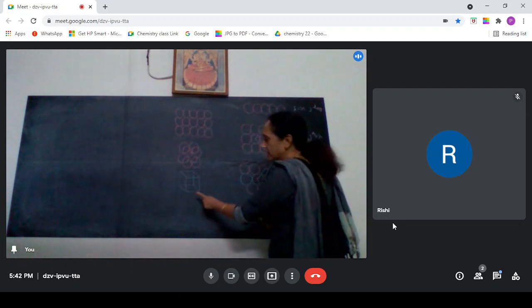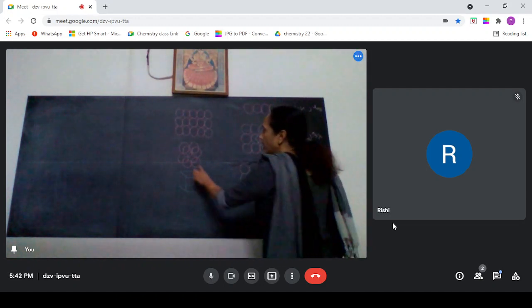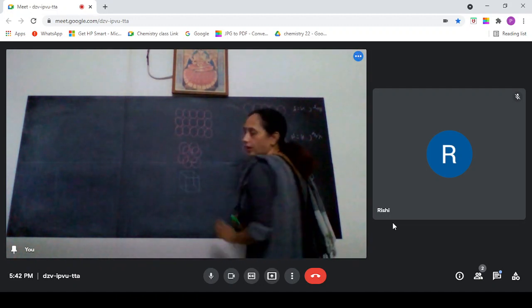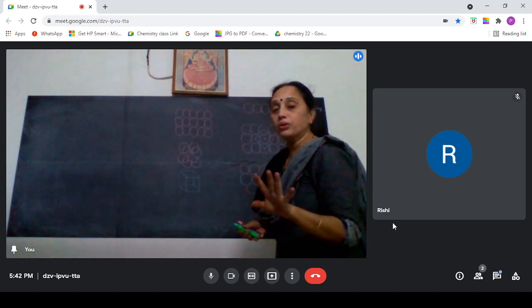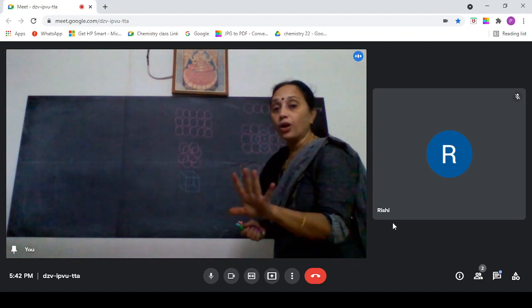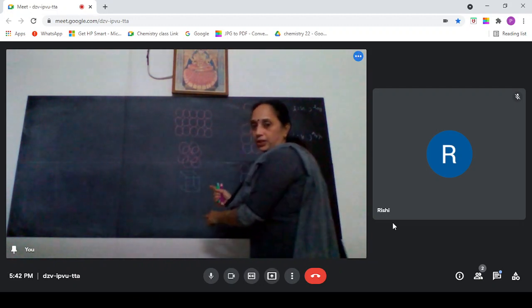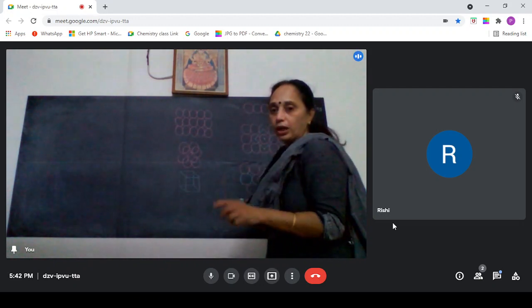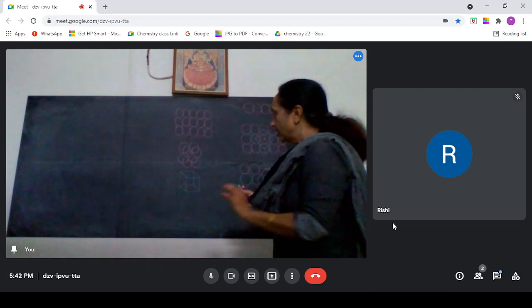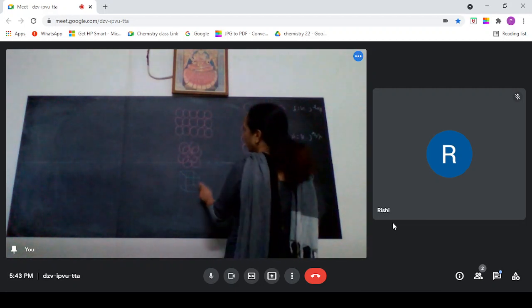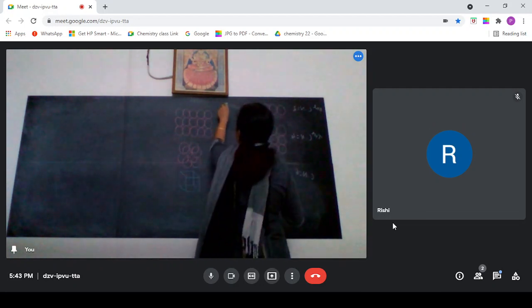It will be like a cube. And I will tell you about the coordination number. In the simple cube, I have to show in the bigger picture how it will be. I will tell you the coordination number. Okay. So this is in 3 dimensions.